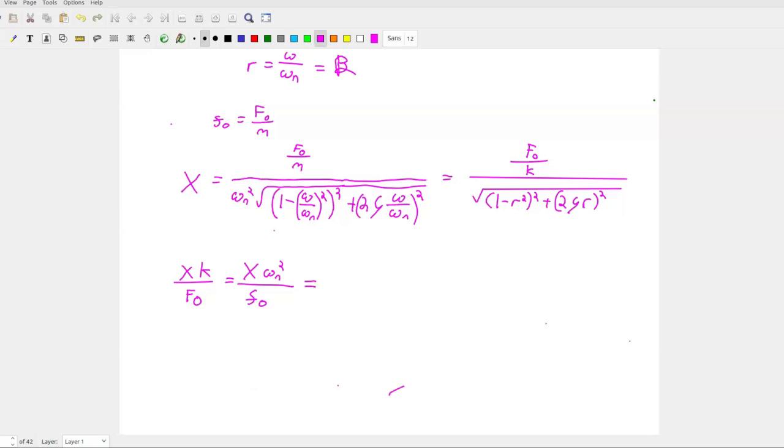And what's left, if you move those things over, is 1 over the square root of 1 minus r squared, squared, plus 2 zeta r, squared.